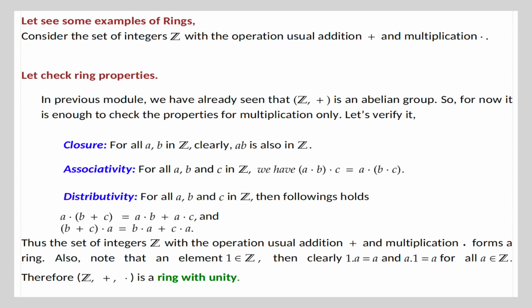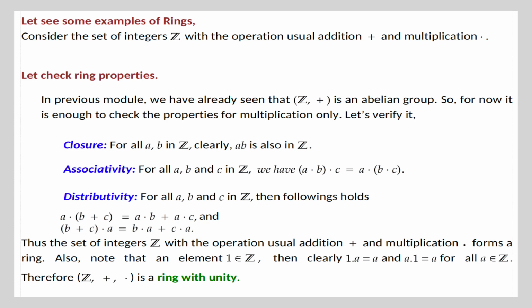For all a, b and c in Z, the following holds: a · (b + c) = a · b + a · c and (b + c) · a = b · a + c · a. Thus, the set of integers with the usual addition plus and multiplication dot forms a ring.